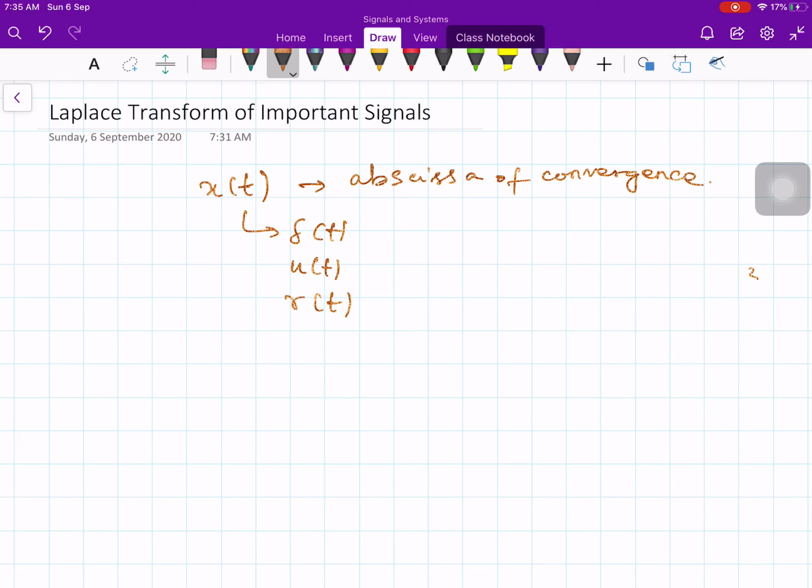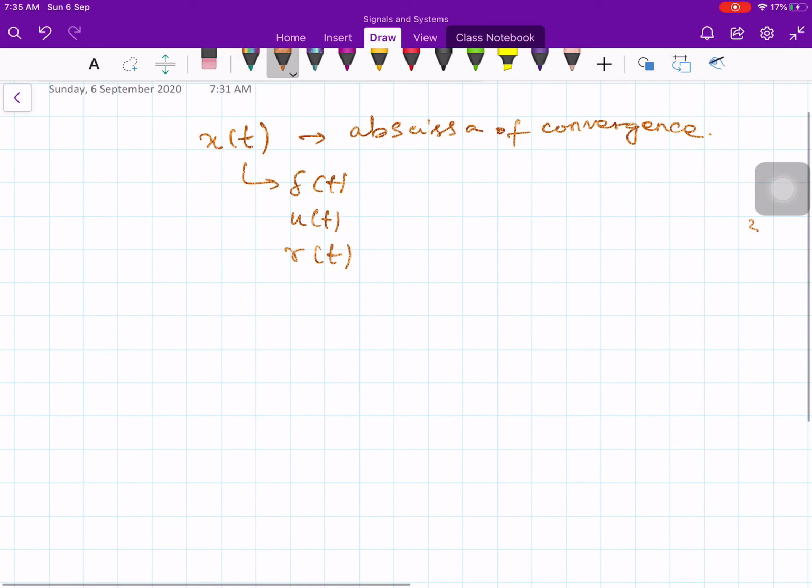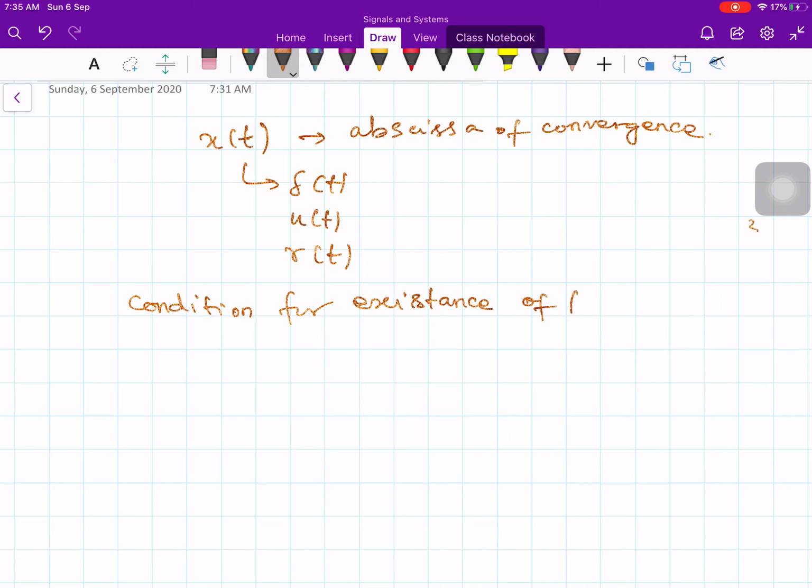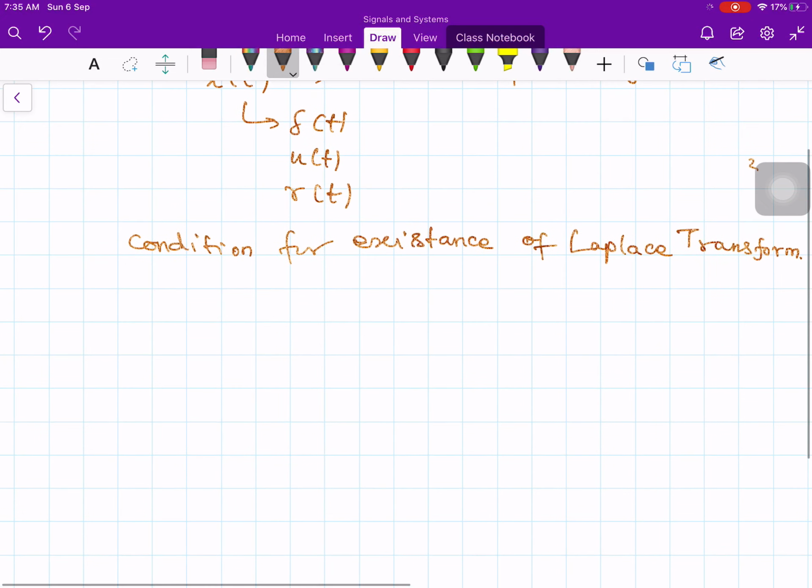Before that, let us look at the condition for existence of the Laplace transform. This condition is usually stated as: x of t should be of exponential order.